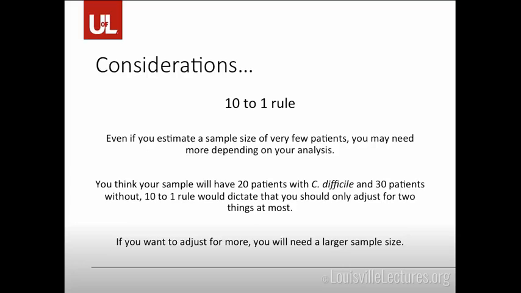It could be age, race, socioeconomic status, several other things. So if you plan on doing a lot of in-depth modeling, and your projected sample size is 22 people, you probably want to look at more.